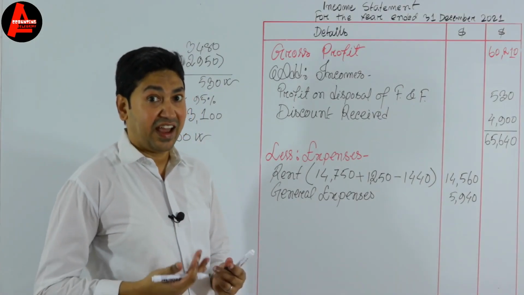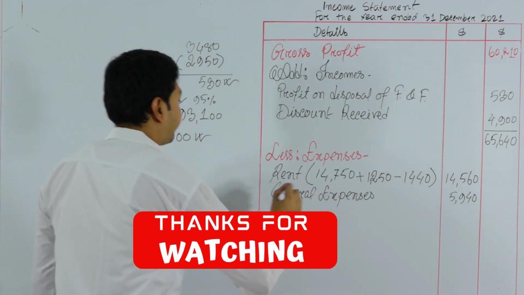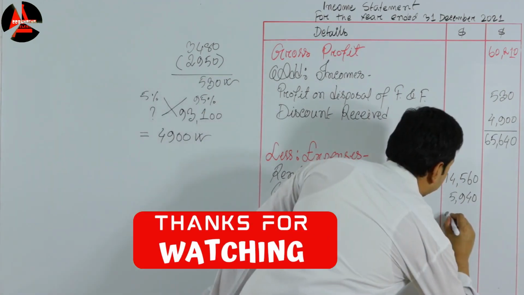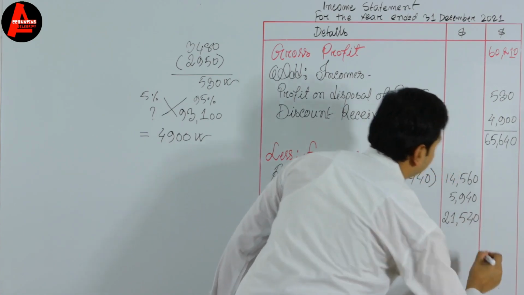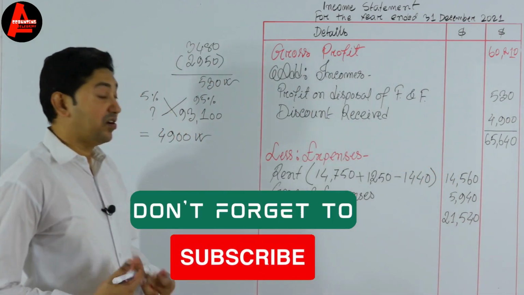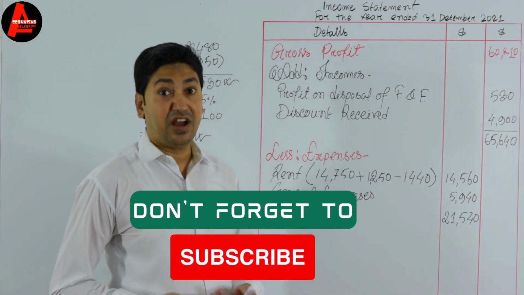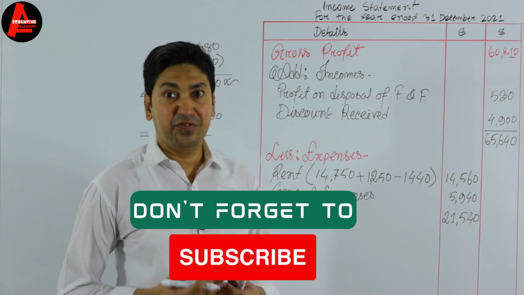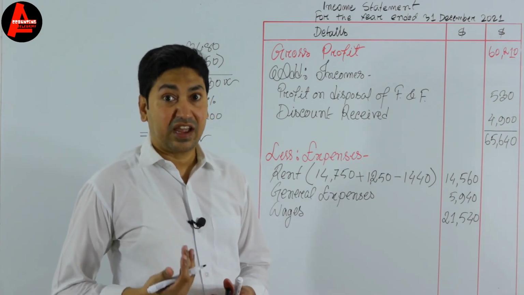So wages is an expense. We will write here wages, $21,540. Okay, good. So what else do we have? We have the depreciation of furniture and fittings. This is another complicated calculation.